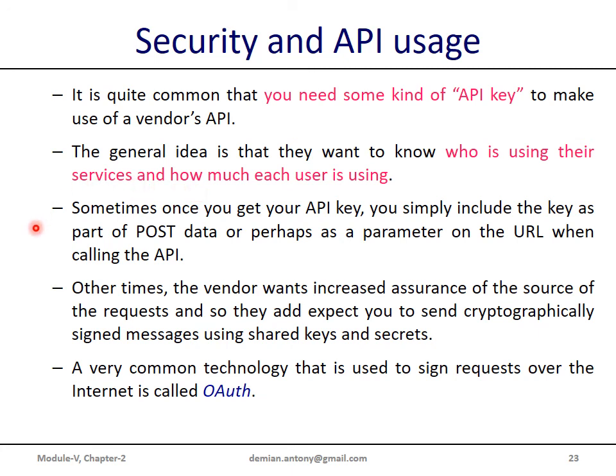Sometimes you might get a key at once, and you have to use that key as part of post data for the subsequent requests. In some other cases, the vendor increases the security, and expects the user to send cryptographically signed messages, digital signatures, or other secure mechanisms to ensure the authenticity of the user through shared keys, or even sometimes private secret keys also.